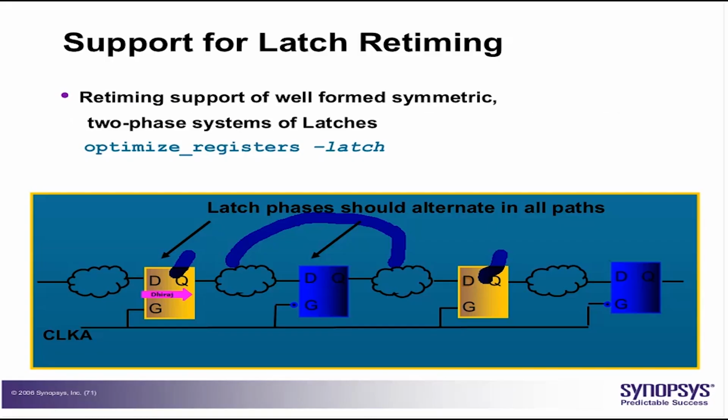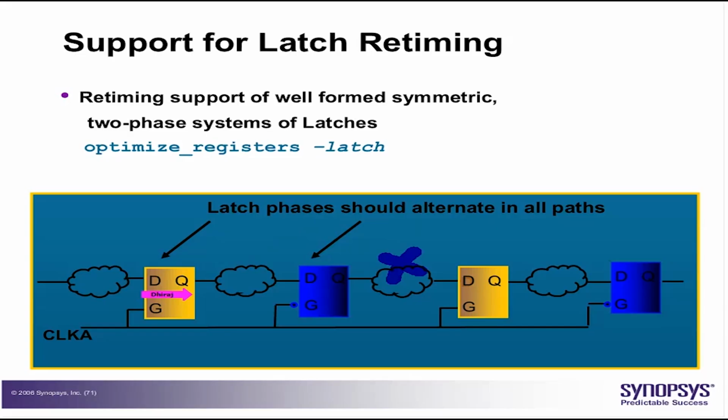Now let's say this cloud here has worse timing. I'll put a cross here. This cloud has worse timing compared to this cloud. Let's say this cloud here is the one from which I want to borrow.